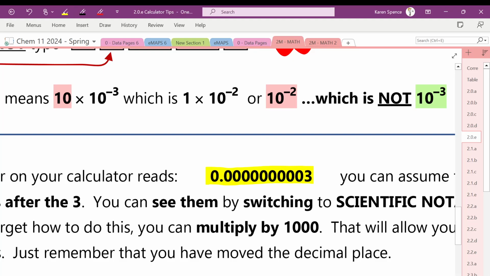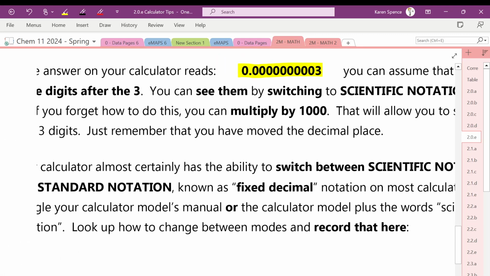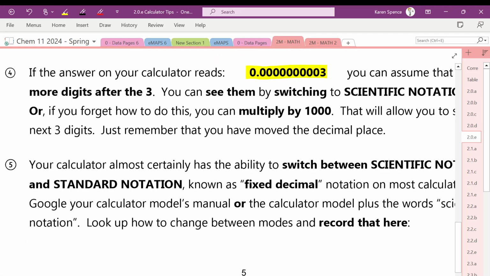Now, the first way to deal with this is to look up on your calculator if you have a button that says Sci, Fix, or Sci, Eng.